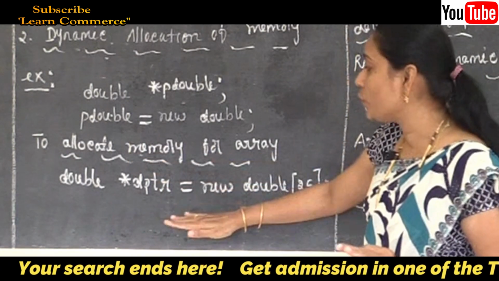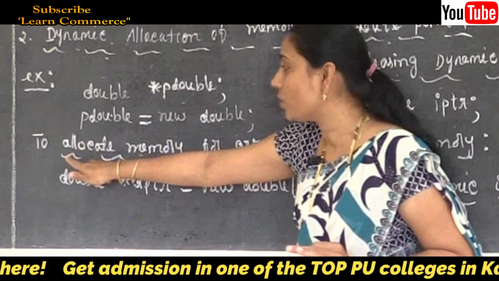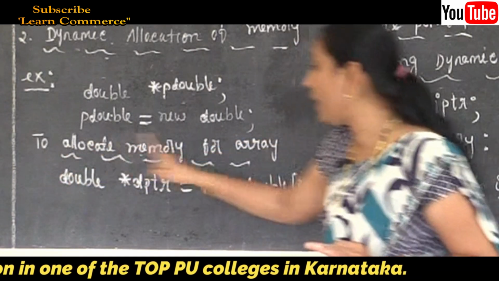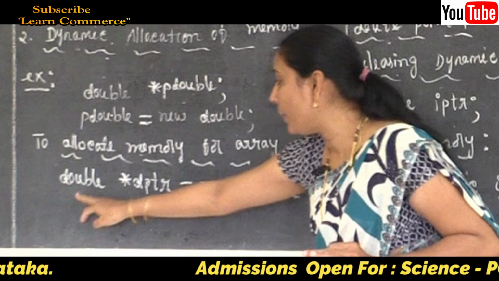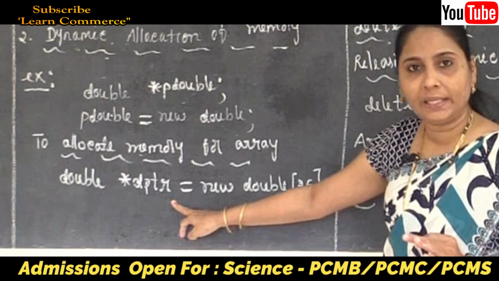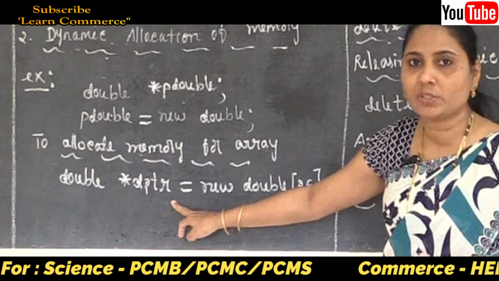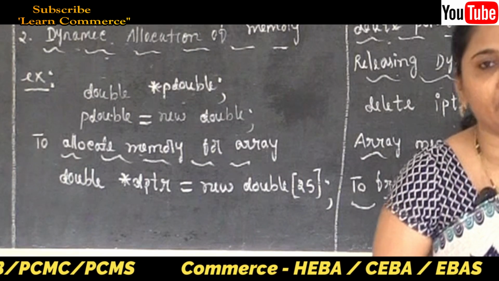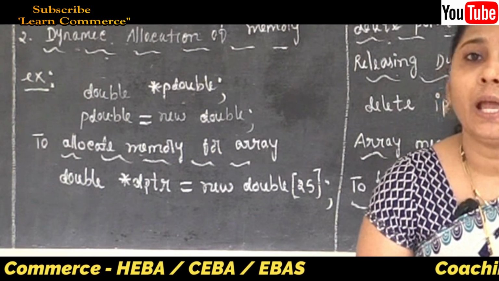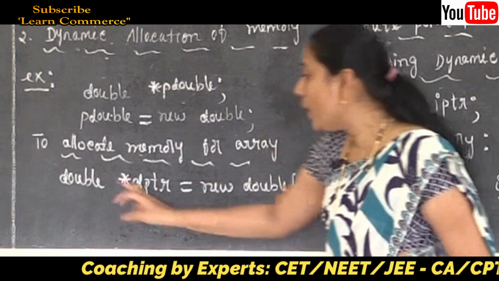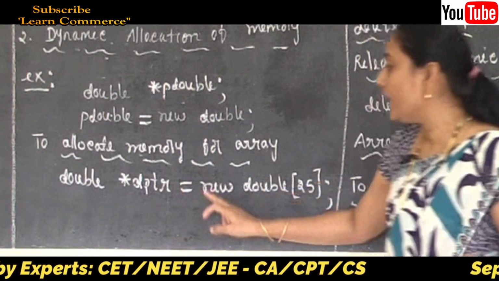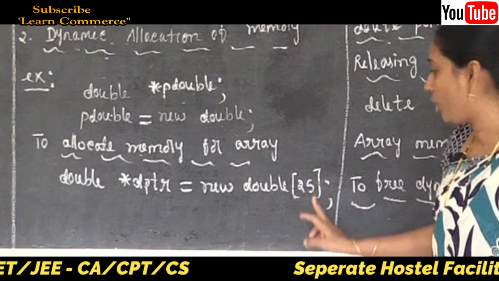And why am I writing such an example? Because the question is to allocate memory for the array. So first, double pointer dptr. Any variable name you can use; it is not necessary to use dptr, you can use ptr also. So double pointer dptr is equal to new double of size. Why?